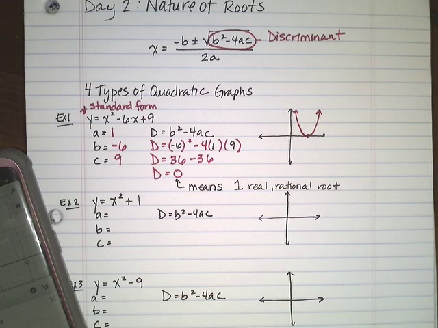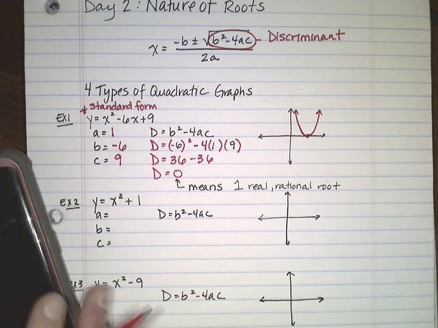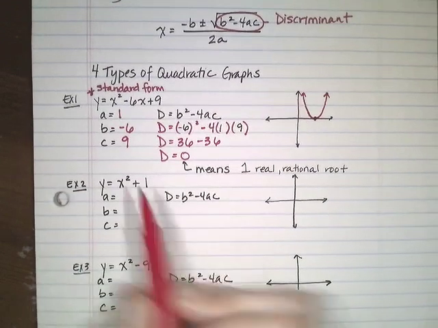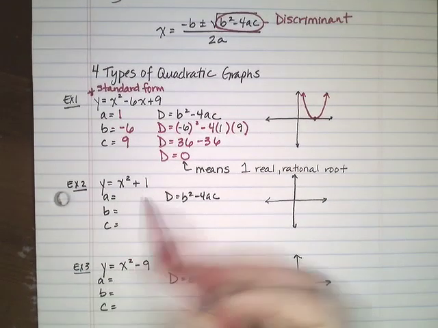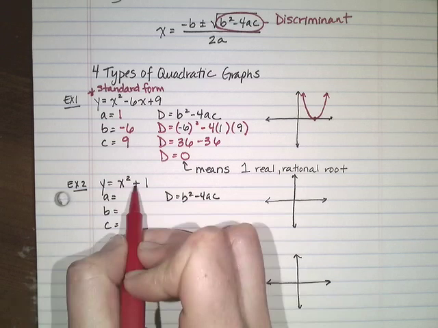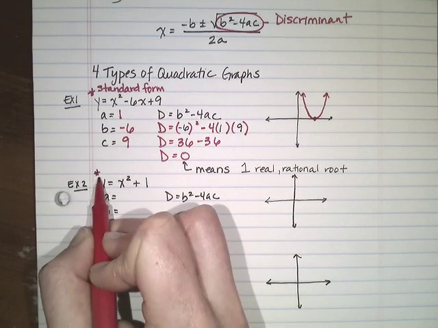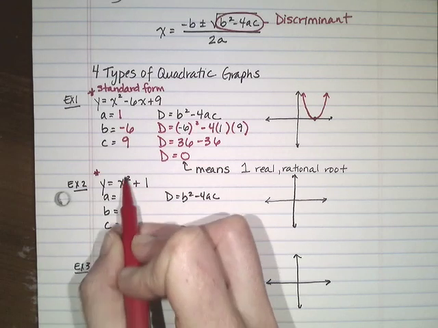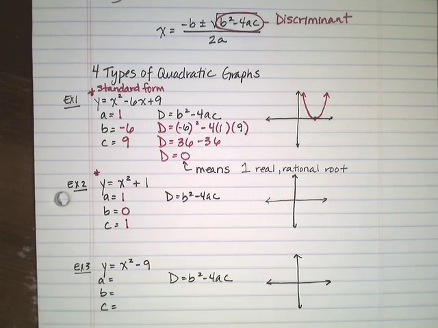So that's one case. Okay, now when you have a graph of something like x squared plus 1, the first thing we want to do again is identify, again, notice that this is in standard form, where the b value is 0, okay, a is 1, and c is 1.